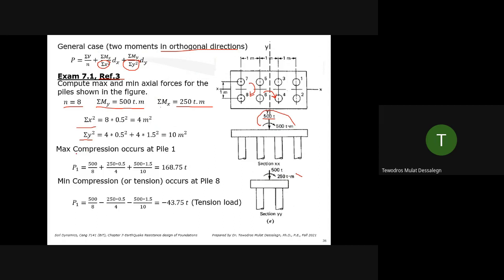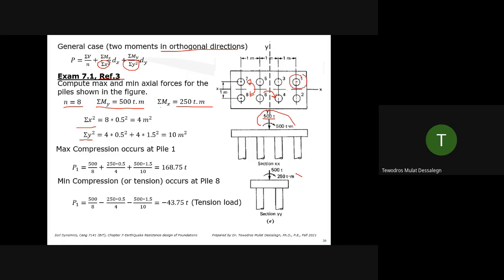So max compression occurs at pile 1, depending on the directions. Maybe my actual moment directions are not correct, it should be the other side. To call it 1 is the max compression. So both moments are trying to compress pile 1.